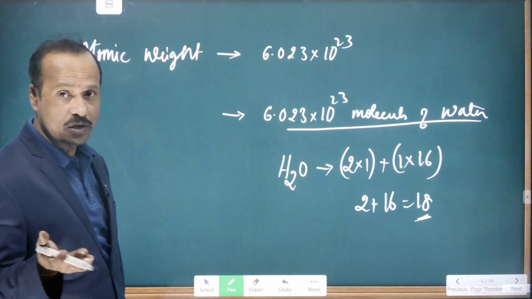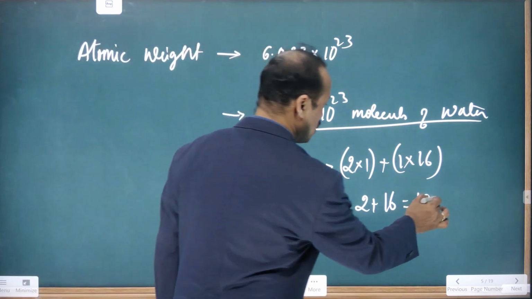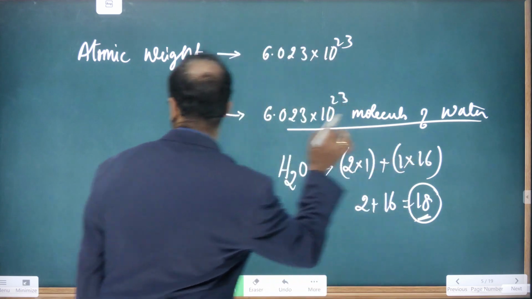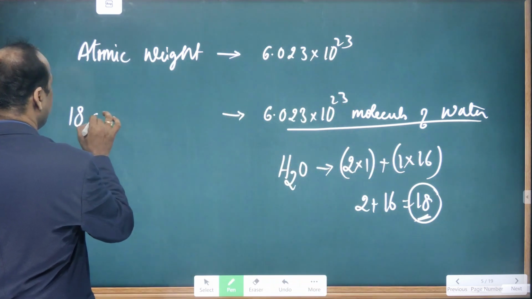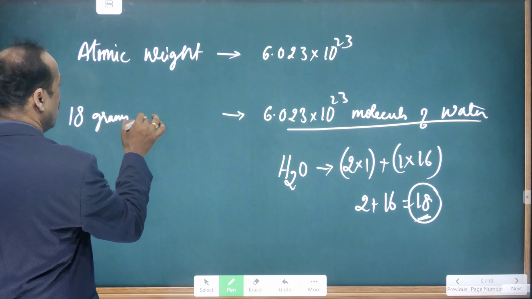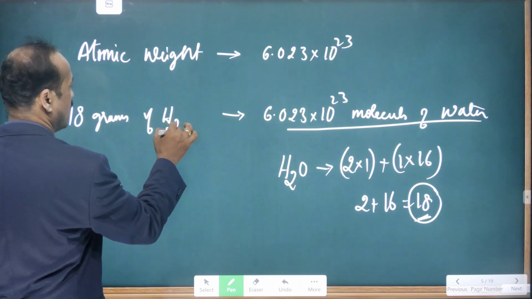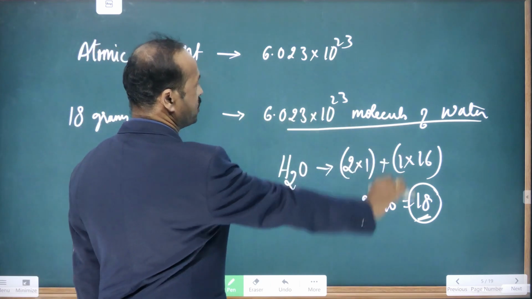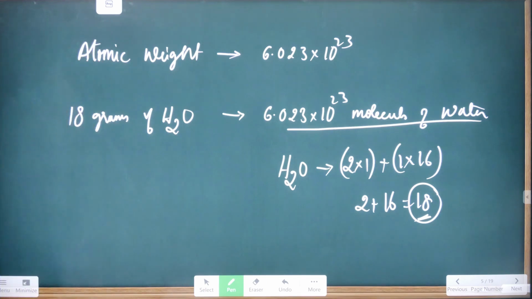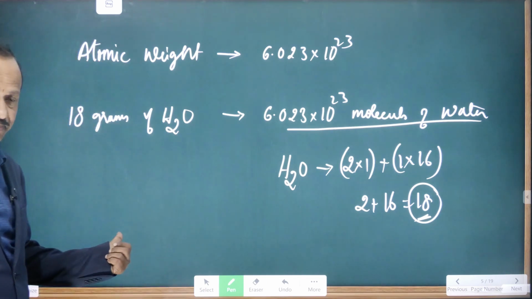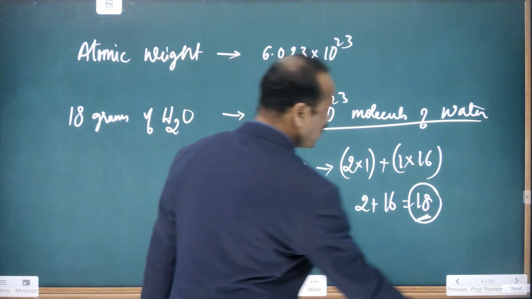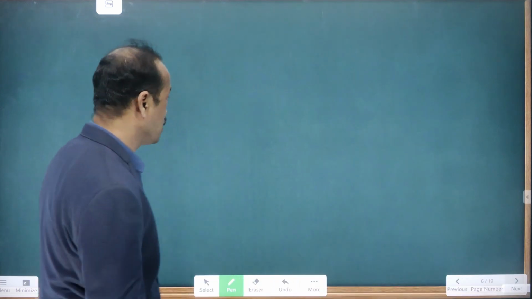Molecular mass of water. So just write 18 grams of water contains 6.023 into 10 to the power of 23 molecules of water. Clear?